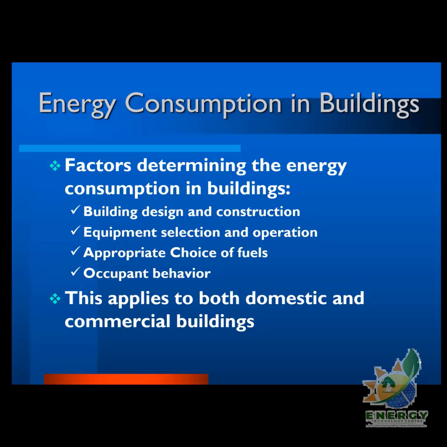And then the choice of fuel that you use for heating, for cooking, and so on and so forth. And then occupancy, in terms of occupancy behavior. Now this applies to both domestic and commercial buildings.